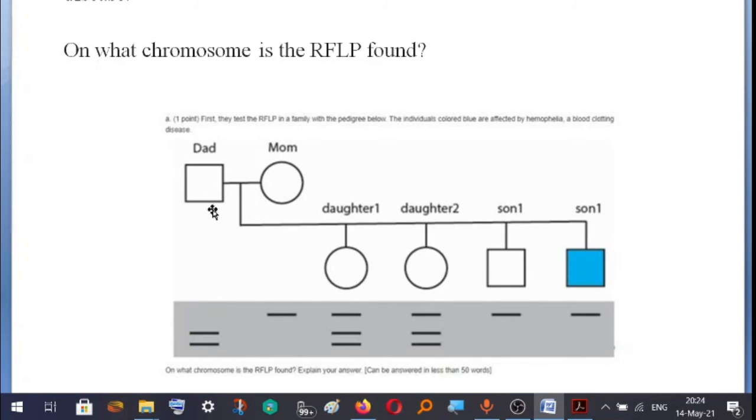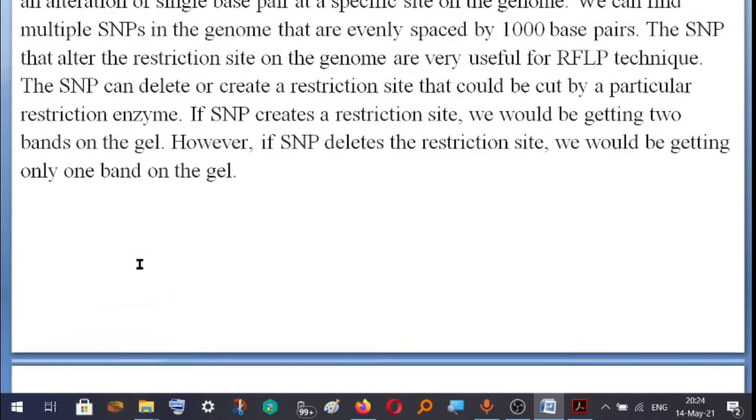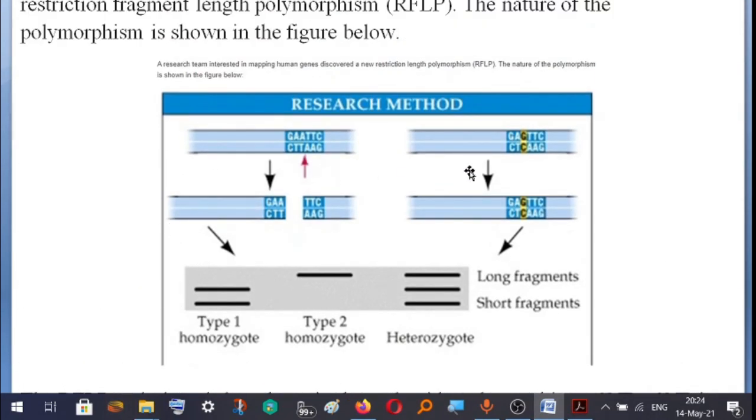So let's start with the father here. The RFLP of the father shows 2 bands. This means that the father doesn't have the SNP marker. Like we have discussed here, when there is a SNP marker, we see only a single band because the site is inaccessible.